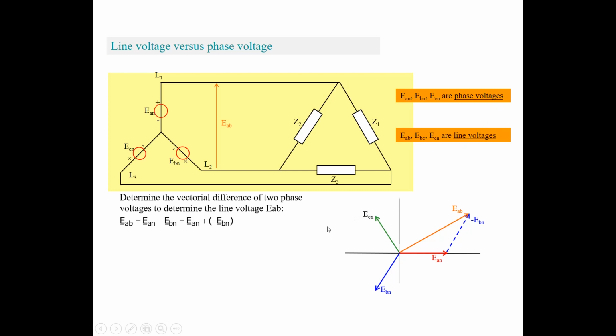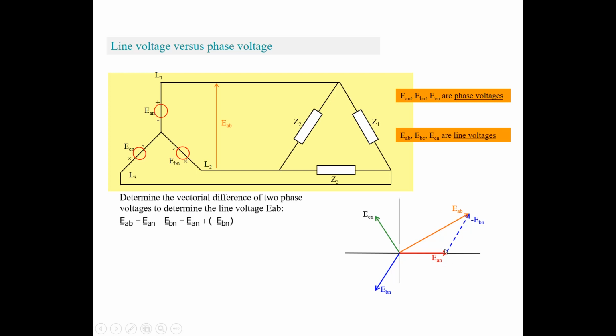What factor is in between? Well, what we can do is construct it using this graphical approach. And first of all, you should notice that all these phase voltages have the same amplitude. So the amplitude of EAN is equal to EBN is equal to ECN. So these phase vectors have equal length.